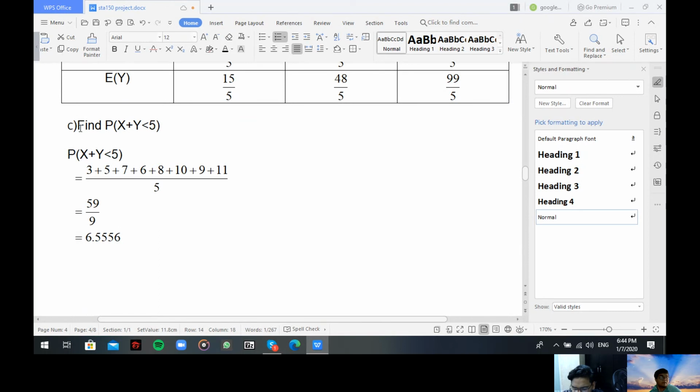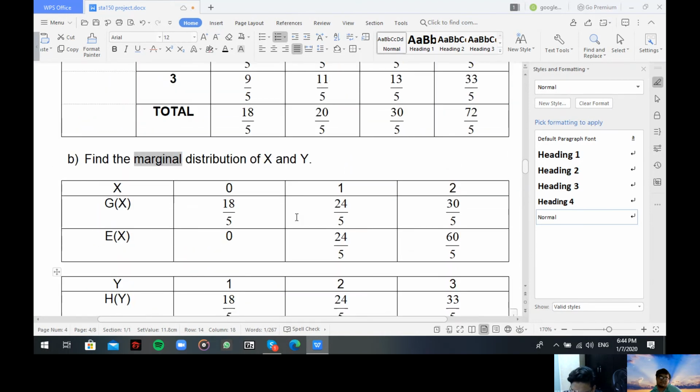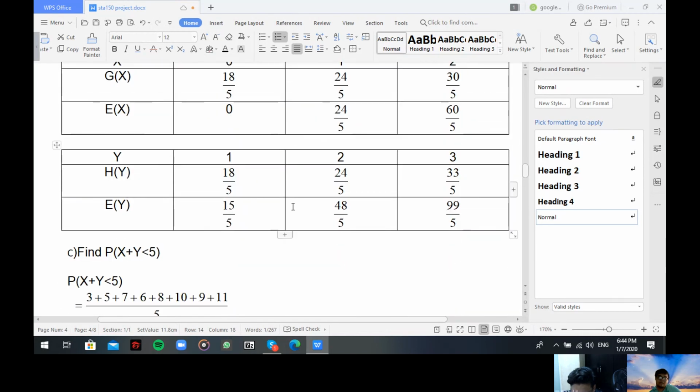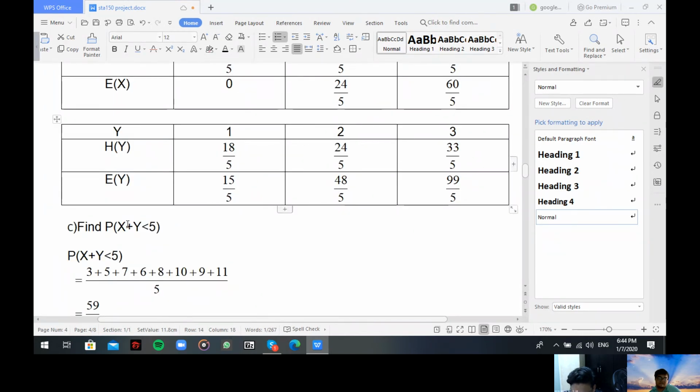Now let's do question C. Find P(X + Y is less than 5). You need to refer to question A. The meaning is, x plus y must not be 5. So it can be 0, 1, 2, 3, or 4, but it can't be 5.